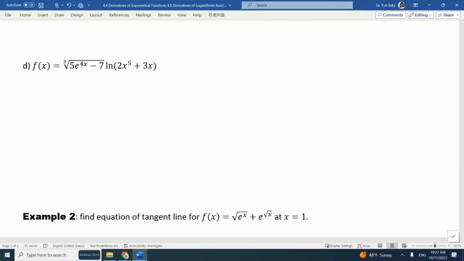So we use product rule for the first step. What's product rule? Yeah, u prime multiplied by v, and then plus u v prime. Yes.